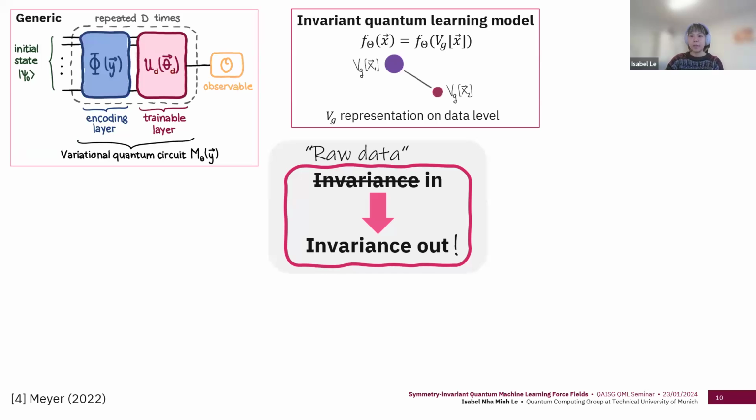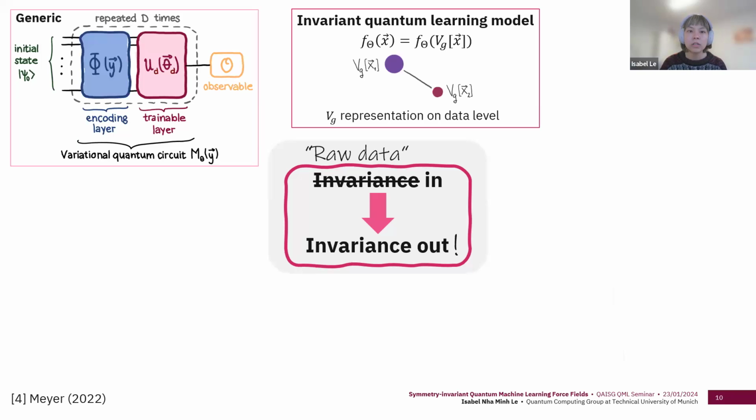So this means in the end, we want to have a model that predicts the same energy for a configuration X and any configuration that you can get from X via a symmetry transformation that acts on the data level.